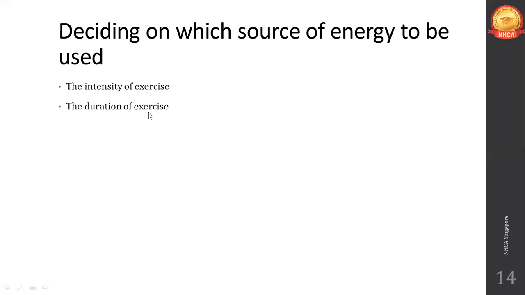When there is a steady increase in the duration of the exercise, x axis is time, y axis is muscle glycogen as well as fat energy. When you increase the duration of your exercise, which kind of energy are you using?